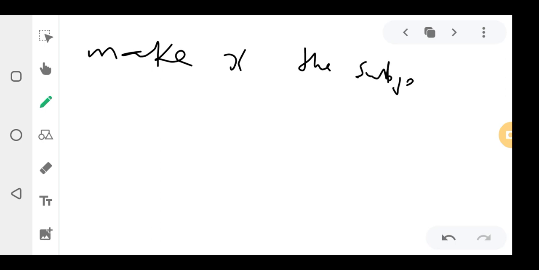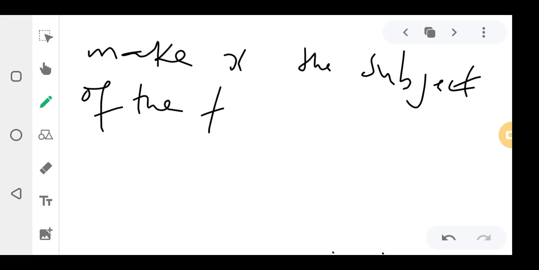So the next question is also make x the subject of the formula.